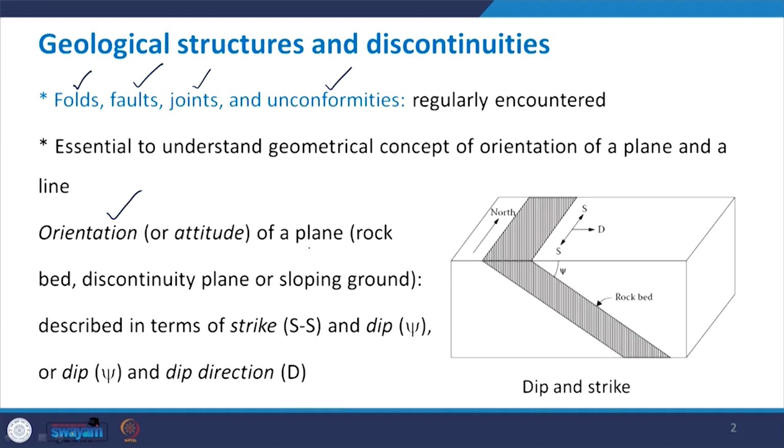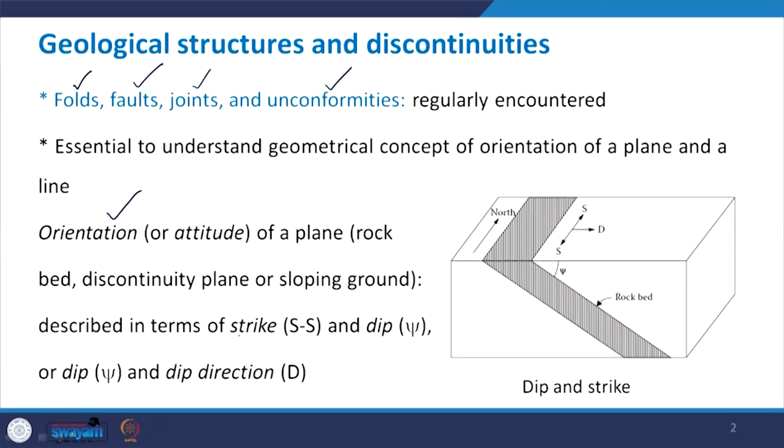Now, this plane can be anything. This plane can be a rock bed, a discontinuity plane, or a sloping ground. So, the orientation of any such plane in a three-dimensional situation is described in terms of strike and dip, or dip and dip direction.